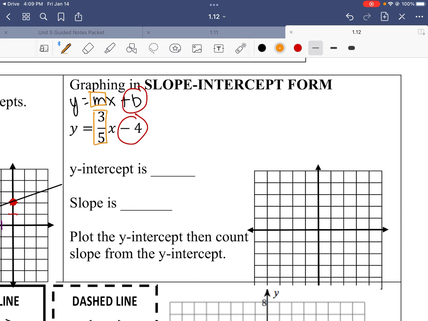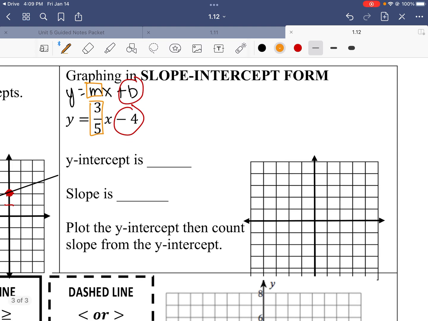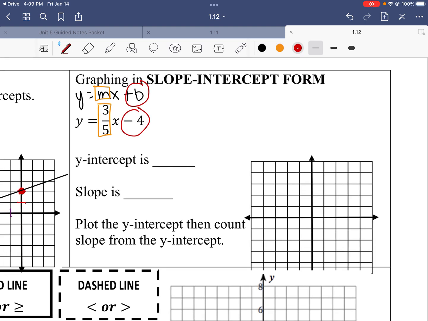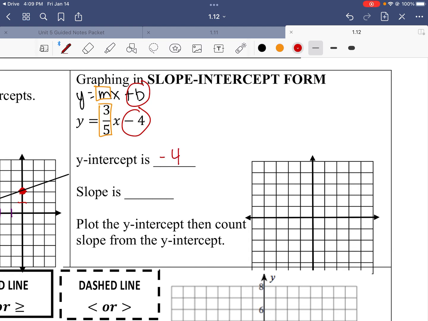Your y-intercept in this case would be negative 4, but it's always going to be your b value. Slope in this case is 3/5. It's always going to be your m value. Whatever's in front of x is always your slope.